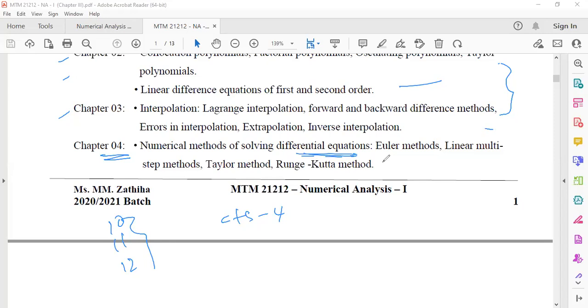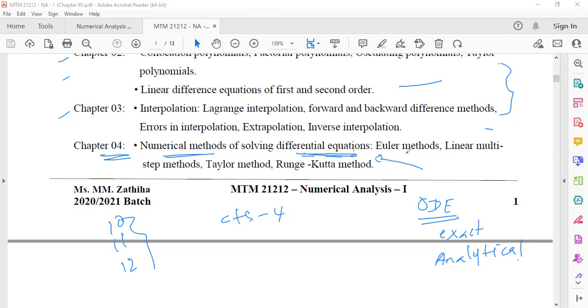Since you are taking the differential equations course, in that ODE course you are studying how to solve differential equations in an analytical way, meaning exact or analytical solutions. Here we are using the numerical way to solve the same differential equations.